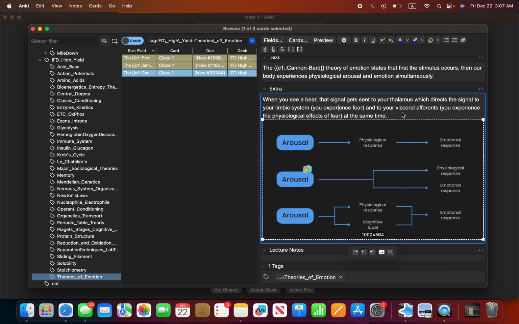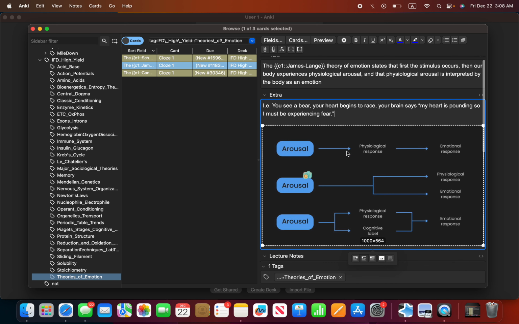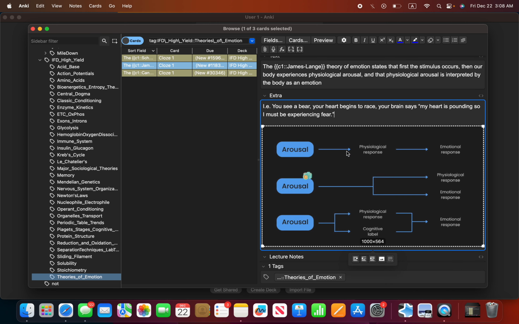So that physiological response experiences emotion. This should be the first one. James-Lange should be the first one. But the labeling thing comes with Schachter-Singer two-factor, right?